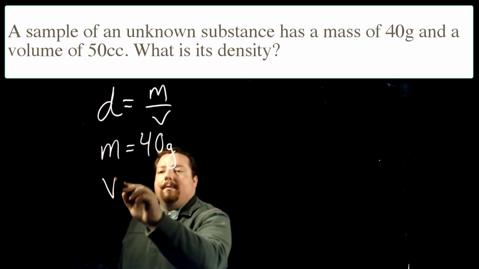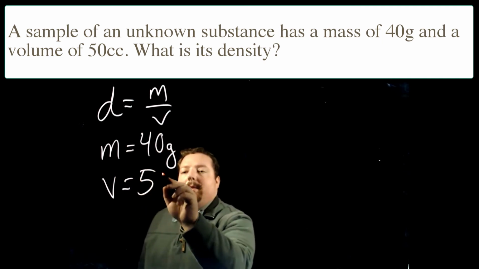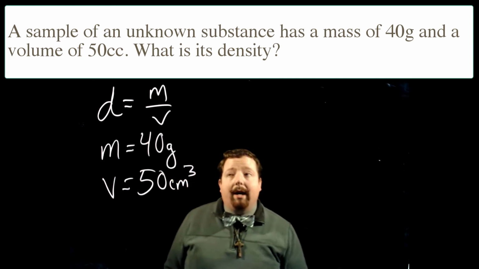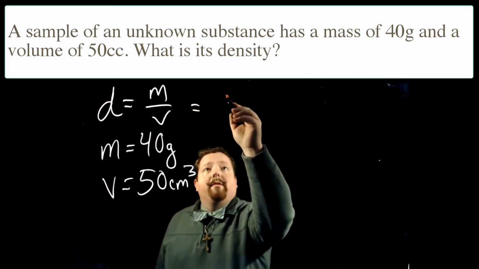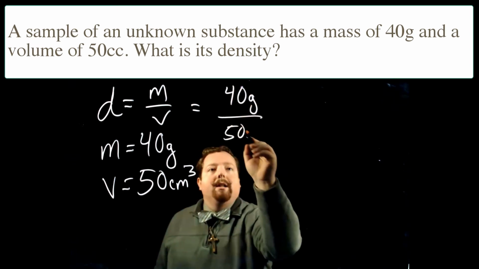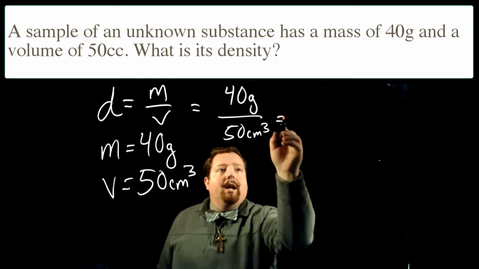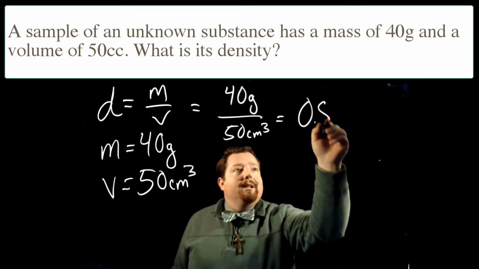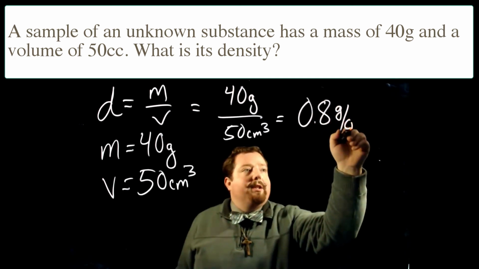And you know the volume is 50 cubic centimeters. So now all you have to do is plug and check. So if d equals m over v, that's the same as 40 grams over 50 centimeters cubed. And when you divide 40 by 50, you get 0.8 grams per centimeter cubed.